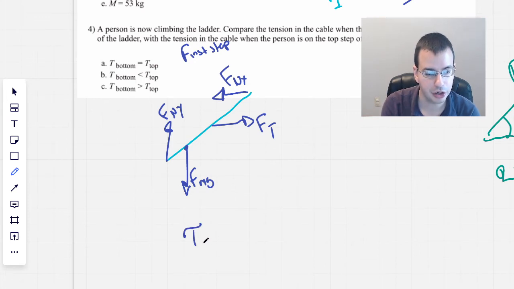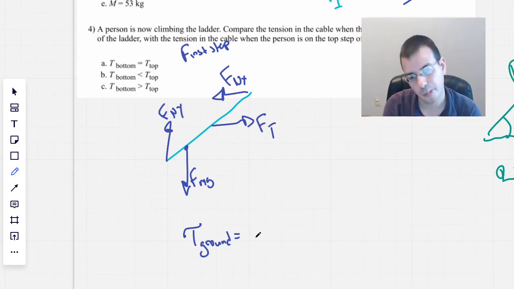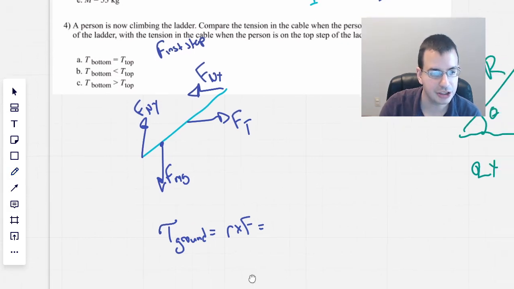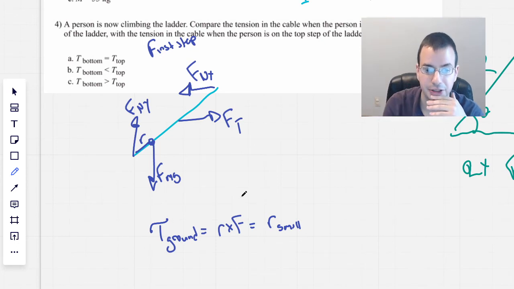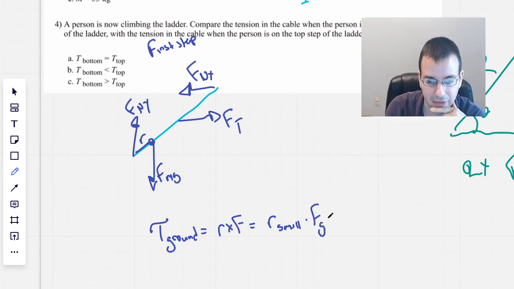So torque ground, I'm going to say this part here, is going to be R cross F, which we already solved, which will be R small, because it's this R right there, going to be a relatively small R because it's close to the bottom, times force gravity times cosine of theta.